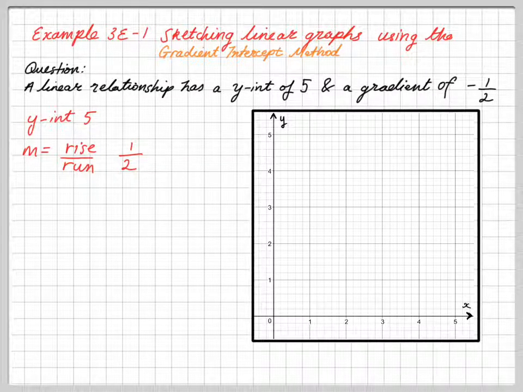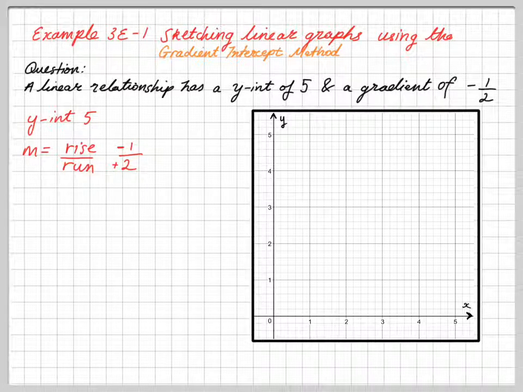For this example, I'm only going to make the rise -1. So our rise means it goes down 1, and our run will go to the right 2 times. So now with these two variables, I'm going to try and draw the graph.